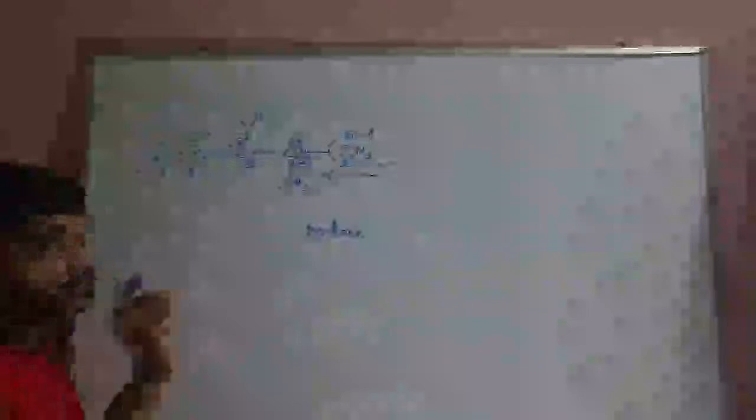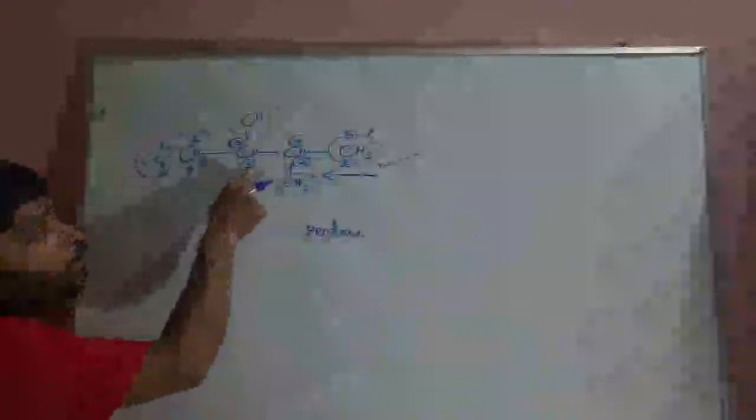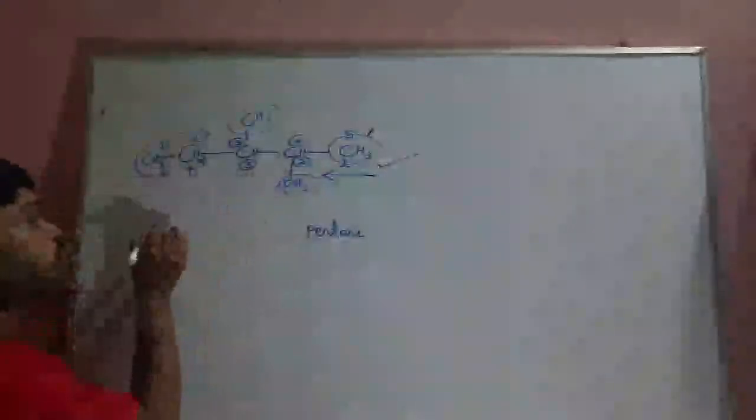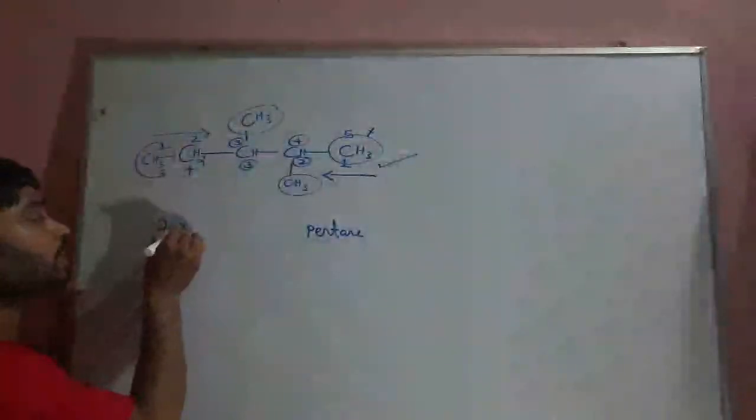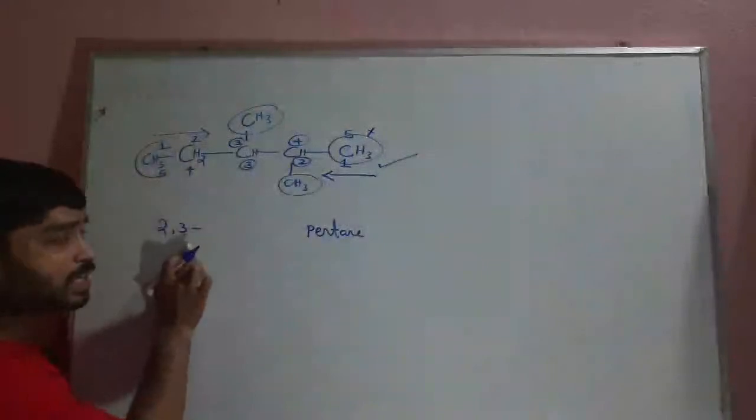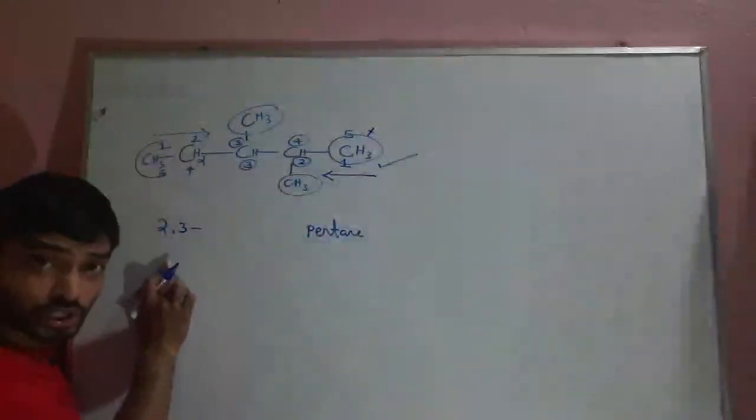If we have two mangoes, we say two mangoes. Similarly, if two alkyl groups which are methyl groups are present, we say two methyl groups. So we can say the 2 and 3 positions are occupied by methyl groups. The locants are expressed before the name of the substitution group.